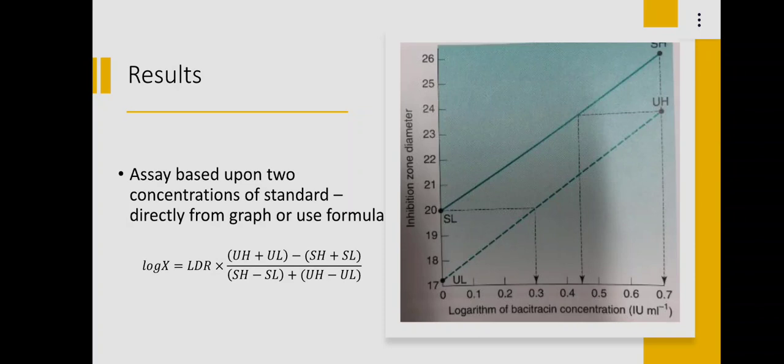In some cases, there is possibility of automation, and this uses photocells. Where that kind of instrument is available, that would be more accurate, precise, and it is able to produce any other statistics which are required.